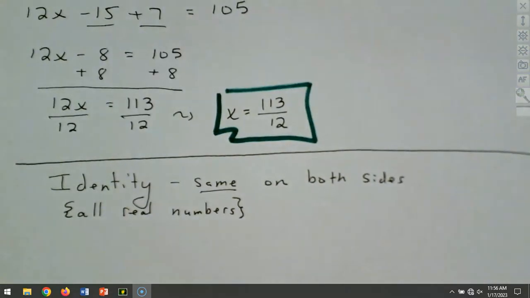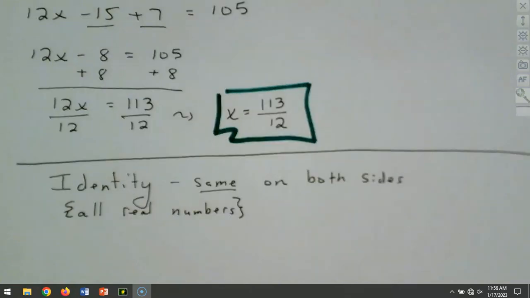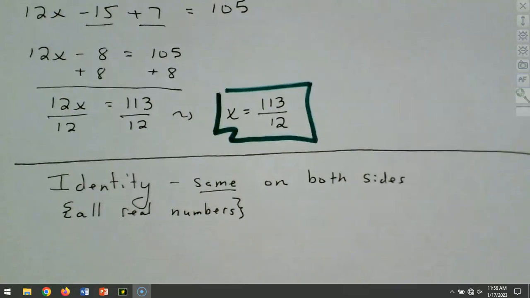Now, how do I remember that? When I think of identity, I think of identical twins. What do we know about identical twins? Identical twins are the same, right? So when I see identity, I think of identical twins. They're the same. In mathematics, when we talk about identity, we're talking about the sides being the same. So if the sides are the same, it's an identity.